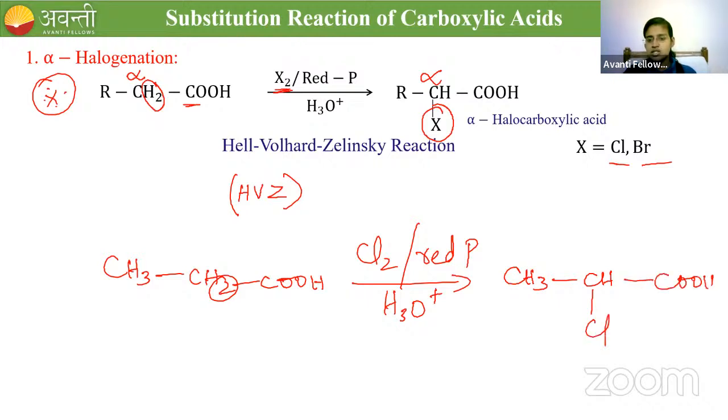That's all. This is the product. Very easy. So just memorize this reagent alone: halogen with red phosphorus and H3O plus is the reagent for the Hell-Volhard-Zelinsky reaction. All right, this is the first reaction. Do you have any doubt in this reaction? This is important. Shall I go for the next reaction?